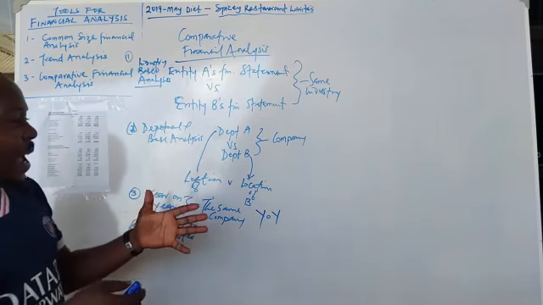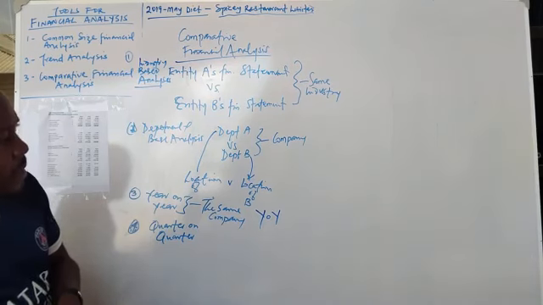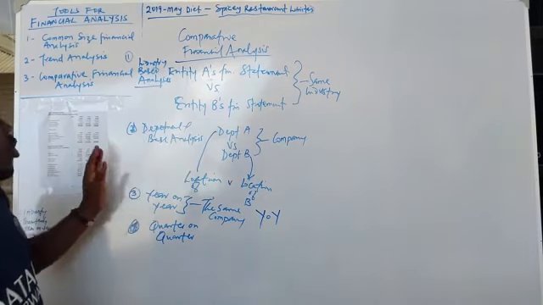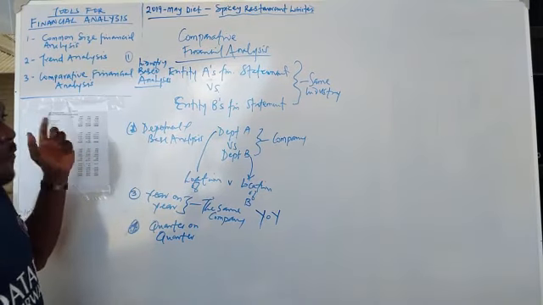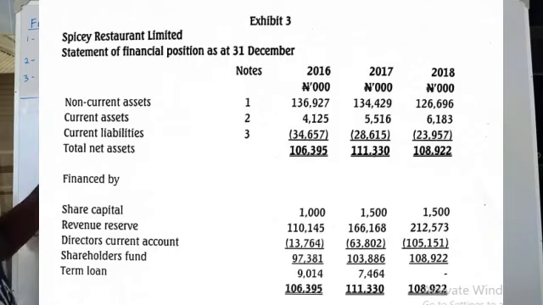Now, at this point, I think we must have gotten the message here. And if you need more analysis, you can just go through the financial statement that is displayed on your screen and compare the values. You can compare the values of 2018 net current asset with 2017. What is the performance?